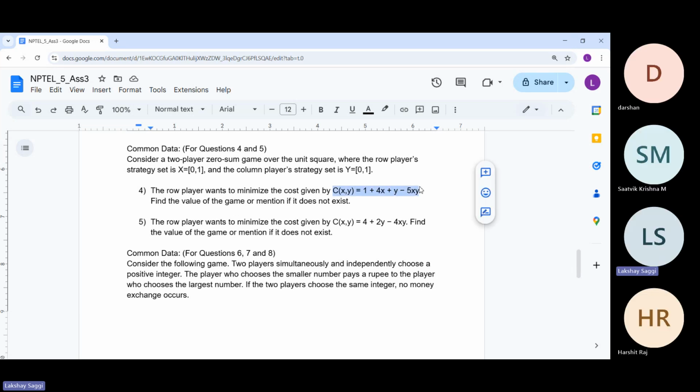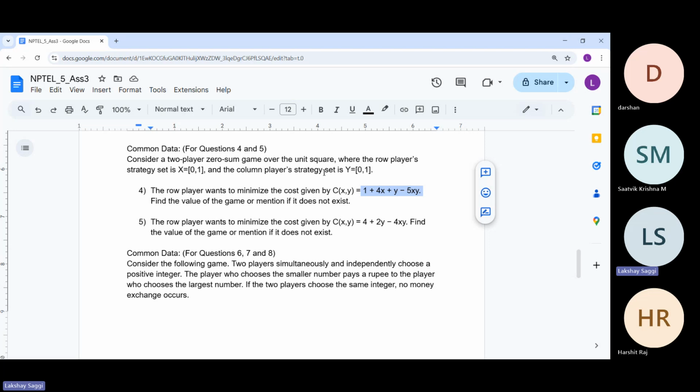If the row player plays x and the column player plays y, then the cost incurred for the row player is 1 plus 4x plus y minus 5xy. So the row player's cost is given by this value when the row player plays x and the column player plays y.